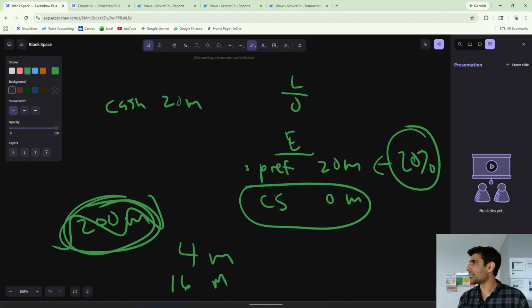Now, does that make sense? Does that seem fair? That they put up 20 million, the company gets bought out for exactly how much they put up, but they're only going to get 4 back. Does that seem fair? Yeah, it's not fair. And they know that, and the venture capitalists are not stupid. So that's why they have preferred stock initially, because if it's only sold for 20 million, they're going to keep it as preferred stock.